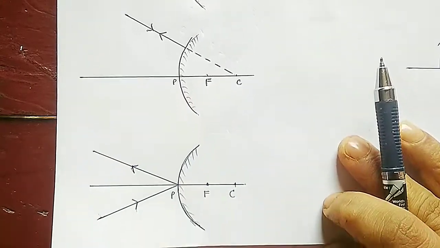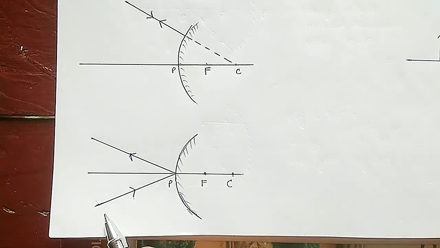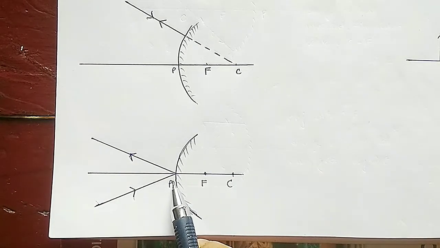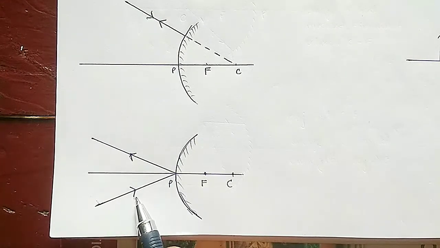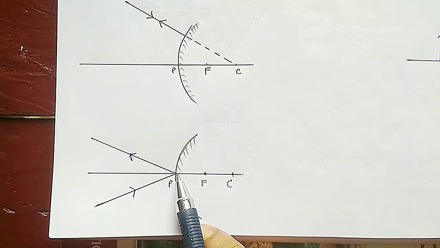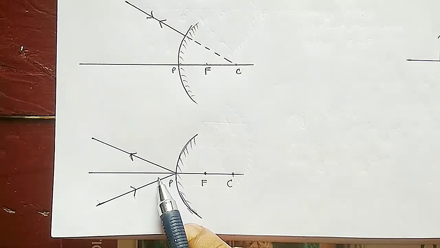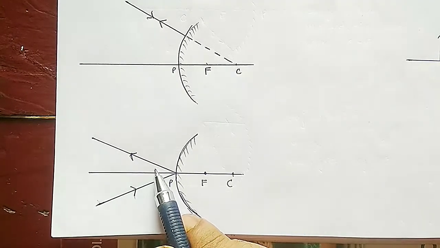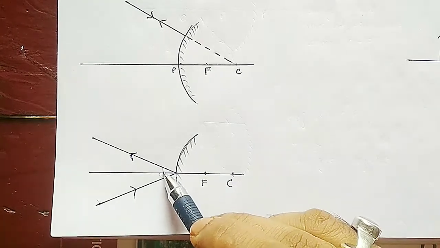And now rule number 4. According to rule number 4, any ray of light incident obliquely on the principal axis towards the pole of a convex mirror is reflected obliquely such that the angle of incidence at P is equal to the angle of reflection at P. That means this angle and this angle, these two angles will be equal.